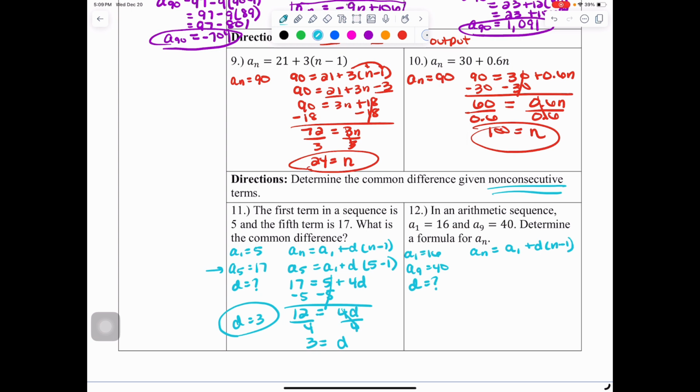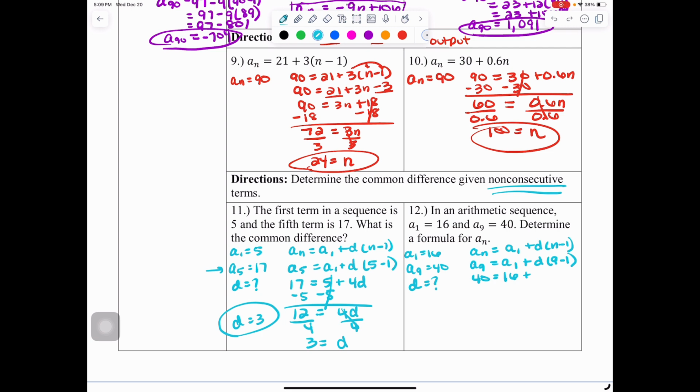So we'll do the same thing we did that was similar from before. We have the ninth term, so a sub 9 is going to go there, a sub 1 plus d, and since we're finding a sub 9 and we know the ninth term, n is 9. So now we'll have a sub 9, which is really 40, equals a sub 1, which is 16, plus a common difference that we don't know, times 9 minus 1, which is 8.